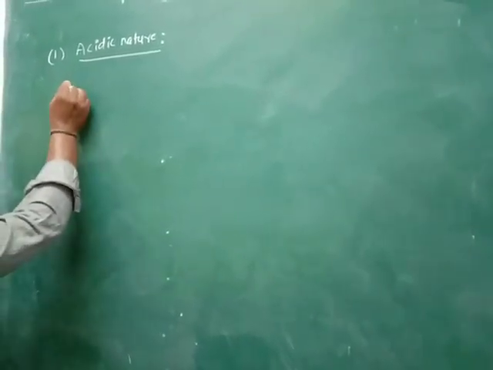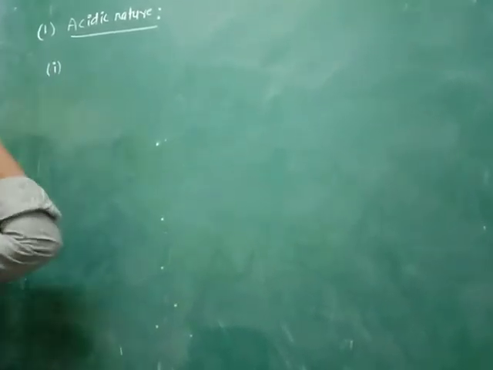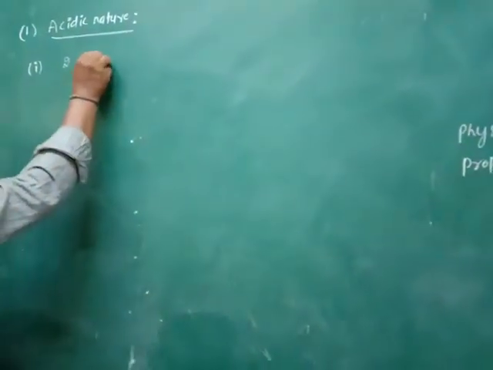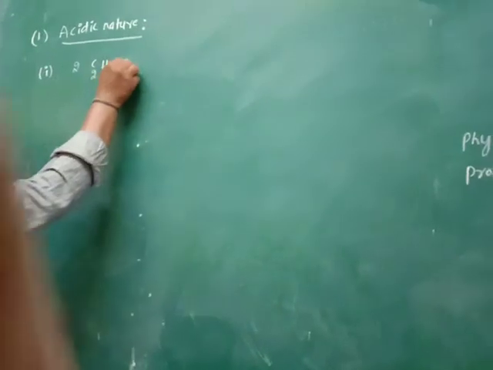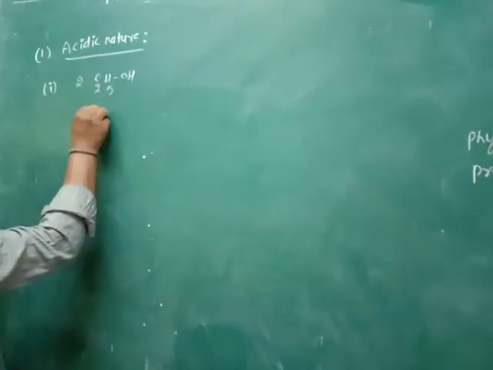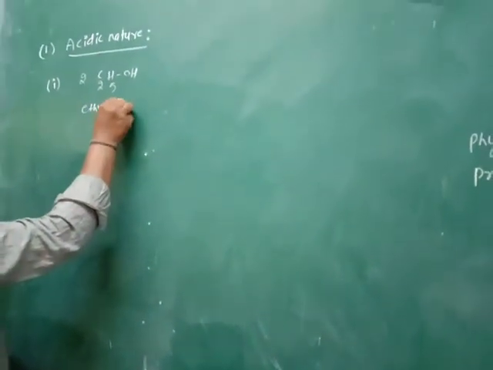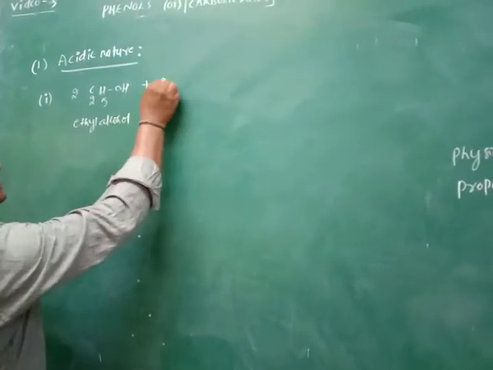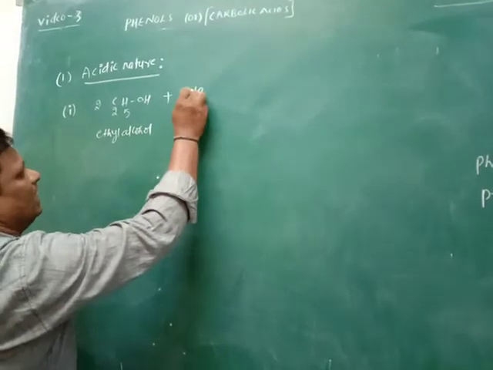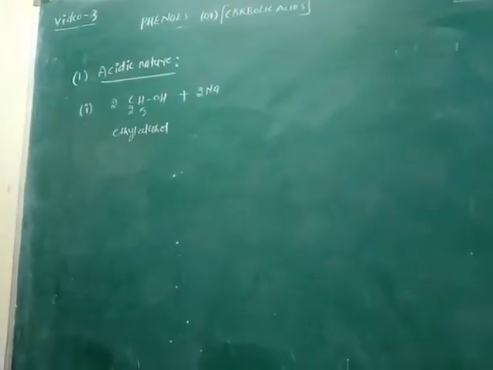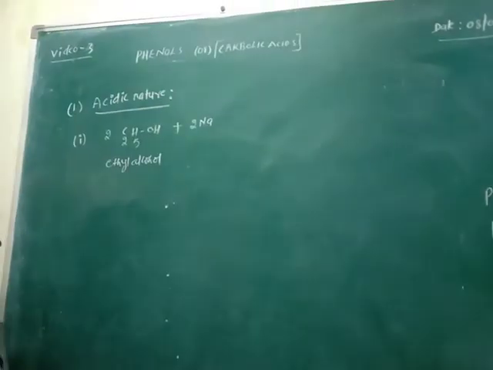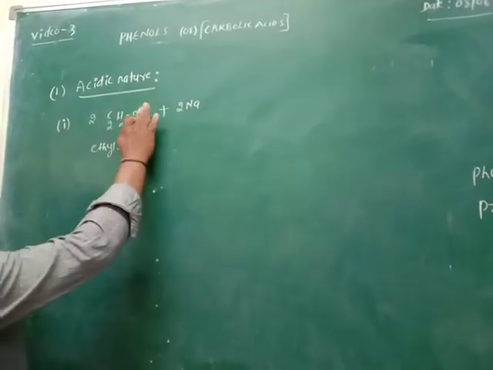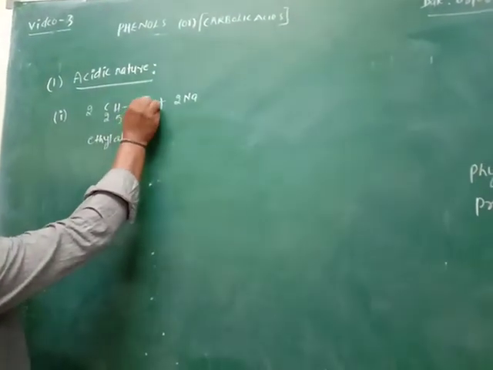For example, let us consider alcohols. If we take 2 moles of ethyl alcohol, C2H5OH, and treat it with an active metal like sodium, 2 moles of sodium, in this process there is cleavage of the OH bond.